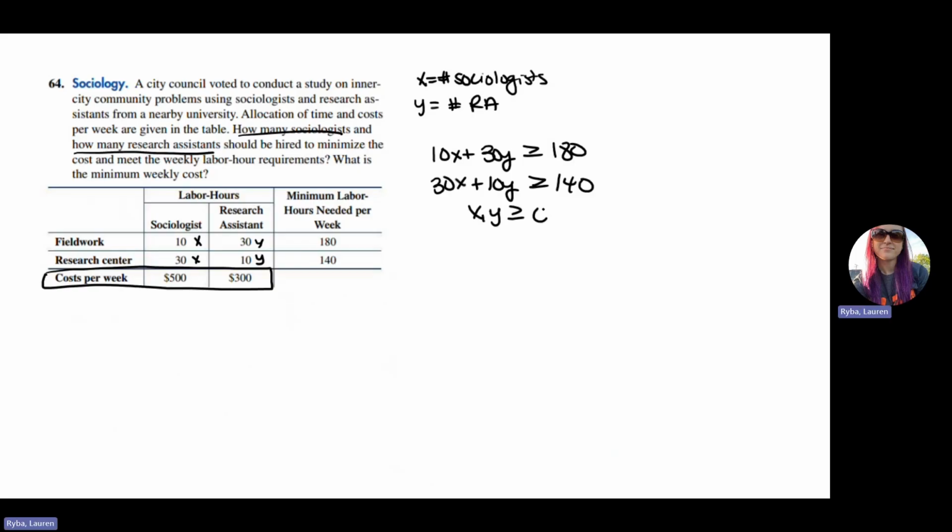And X and Y are both greater than or equal to 0. Now, we want to eventually find the minimum weekly cost. So it is $500 for the sociologist, $300 for the research assistant. So cost equals 500X plus 300Y.